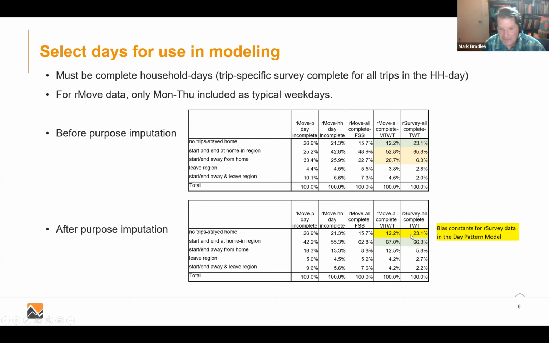Part of that's due to demographics, because the people who answer by smartphone tend to be younger and more active than the people who don't have smartphones. But a lot of it was due to bias, and we actually corrected for some of that bias in the modeling itself, which I'll talk about.